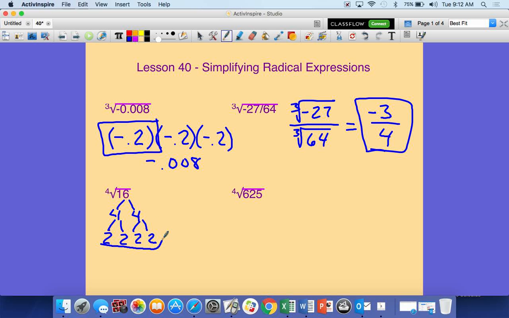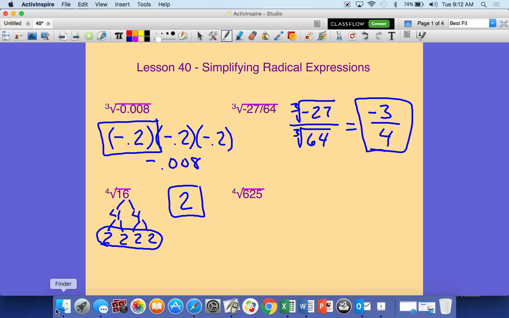I've got four 2's here, so I'm going to circle all four of those 2's. When you have four of them that are exactly the same, one of them comes out. So that would end up being a 2 there. In just a second, I will show you what we do with stuff that doesn't go into that circle.